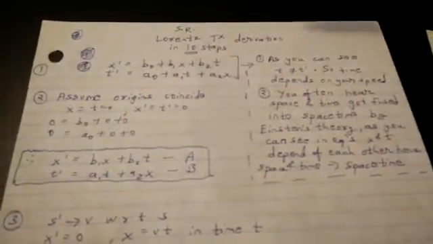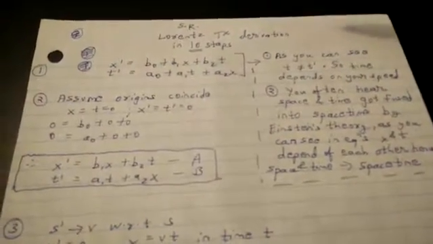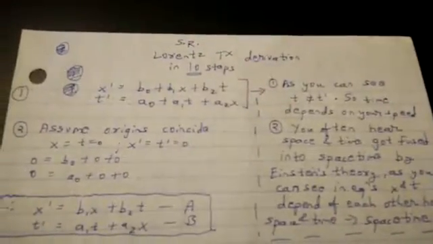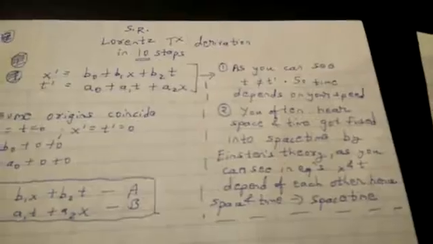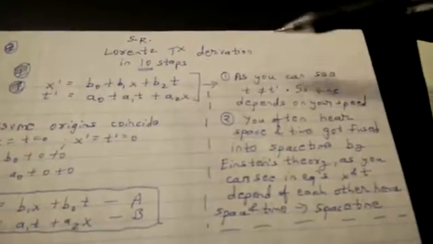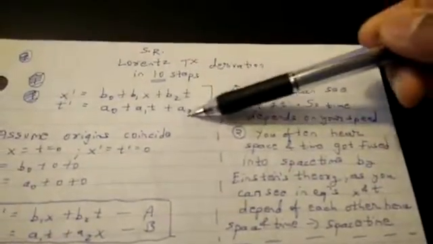Okay, so let's start deriving. Lorentz transformation in 10 steps. Imagine x prime, which is in the S prime frame, is b0 plus b1x plus b2t, and t prime is a0 plus a1t plus a2x, as you can see. Now you can see that t prime is not equal to t, as you can see in equation 2.